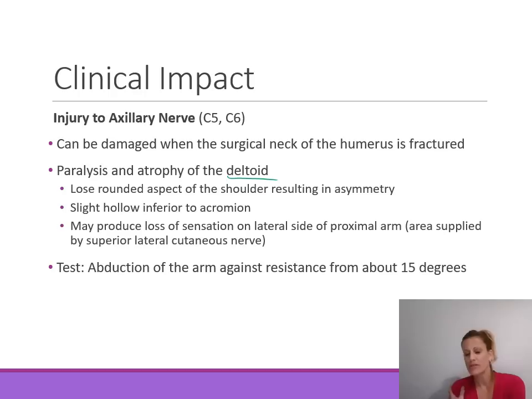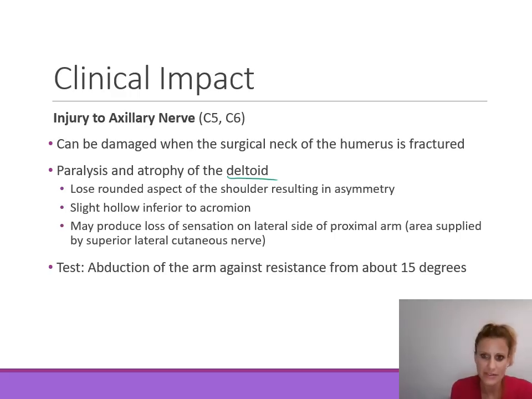When the deltoid muscle is paralyzed, it tends to atrophy rather quickly, and it withers away, resulting in an asymmetry of the two shoulders. You lose the rounded aspect, and just inferior to the acromion, there's a little hollow instead of a rounded out area. This can also produce a loss of sensation on the lateral side of the proximal arm.